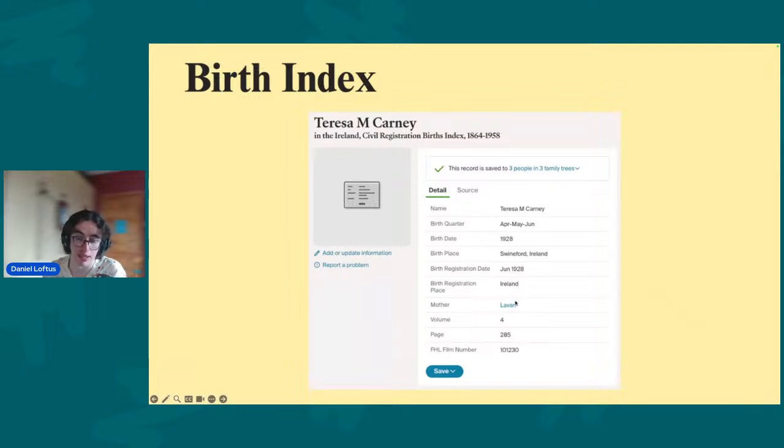The country is going to be Ireland, and there's the mother's maiden name, and using that I can then go and find a marriage for the parents, provided it's online, of course. And then it gives me a reference number. Whenever you order a cert from the GRO, the General Register Office, you would need to include this volume number and page number to help them expedite your query quicker.